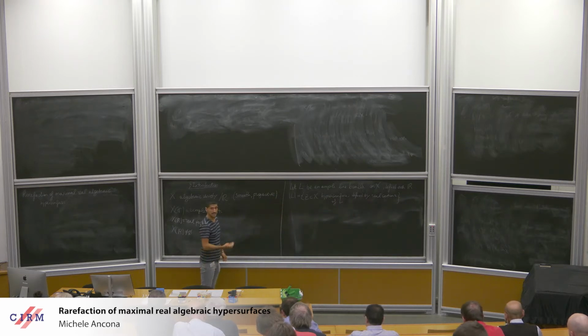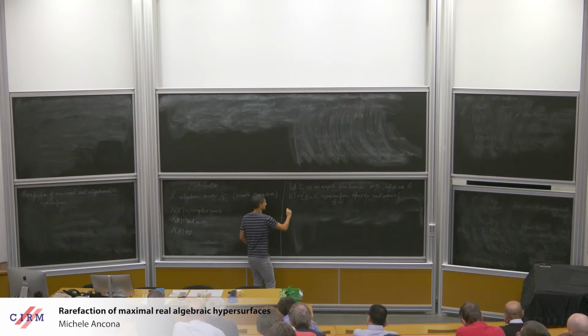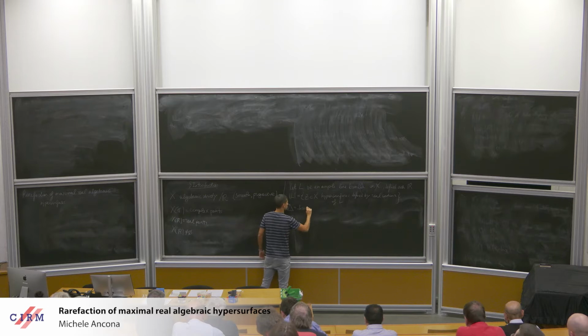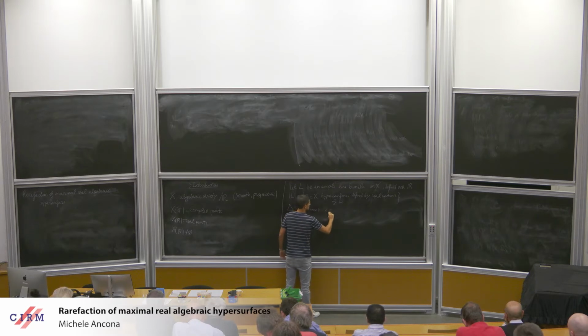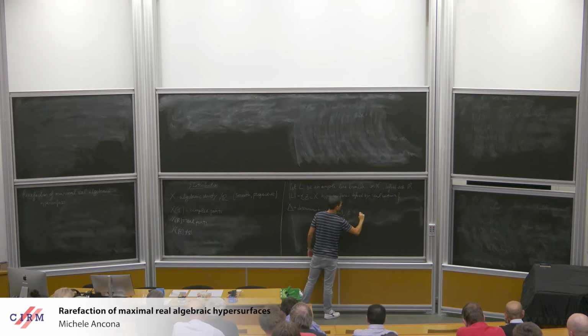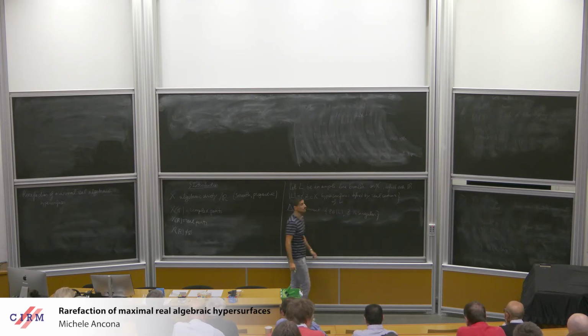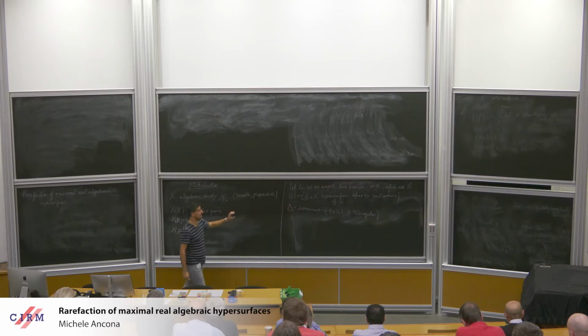So inside this linear system, there is the so-called discriminant that I will denote by delta, which is the set of hypersurfaces which are singular. So if L, let's say, is very ample, by Bertini this is an algebraic hypersurface.